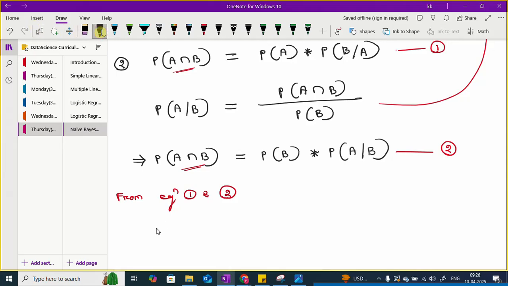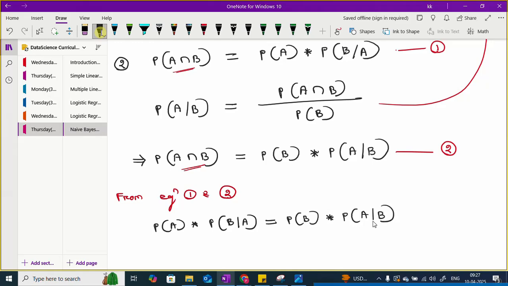Probability of A multiplied by probability of B given A is equal to probability of B multiplied by probability of A given B. Clear, guys?